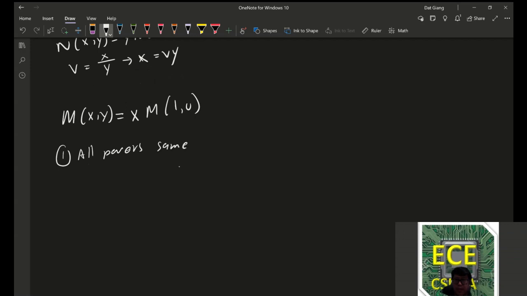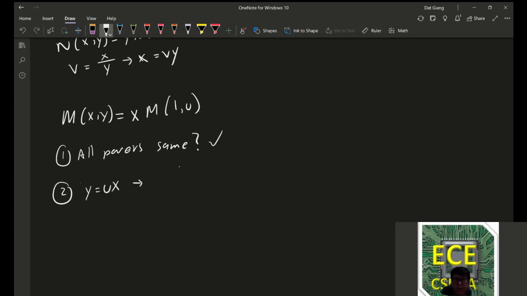So all powers the same. If yes, then we can actually apply the second definition of homogeneous. First, we keep two terms. u is equal to y over x. Or rather, I should say y is equal to ux.